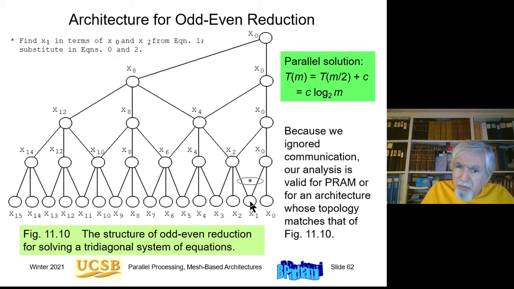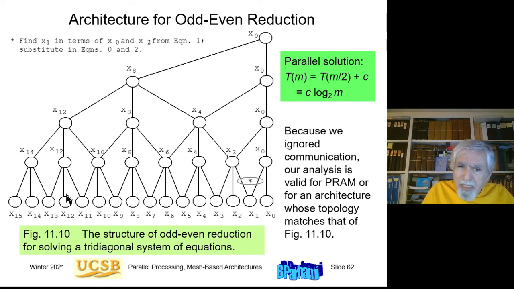It computes x1 in terms of x0 and x2 and substitutes it in the equation held by this processor and in the equation held by this processor. This one computes x3 in terms of x2 and x4 and then substitutes it in these two equations. So these connections are basically what we need in order to form those new equations.